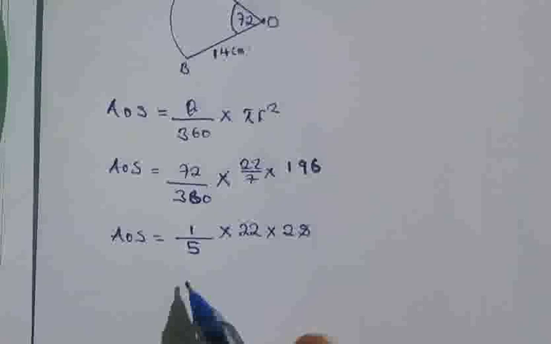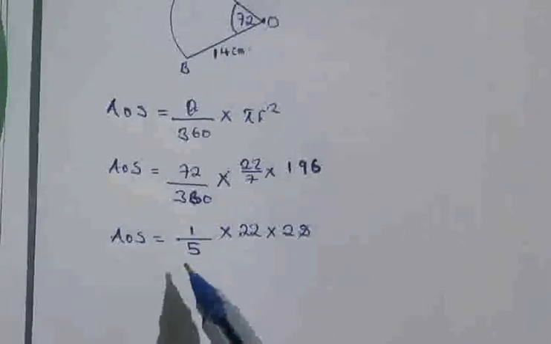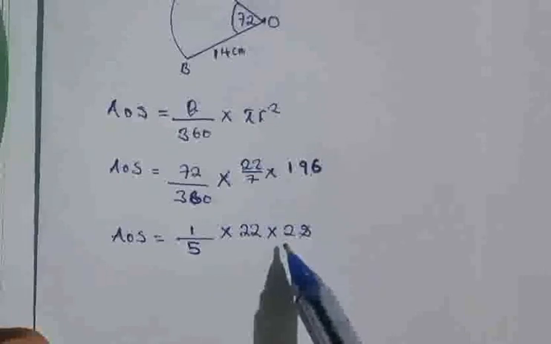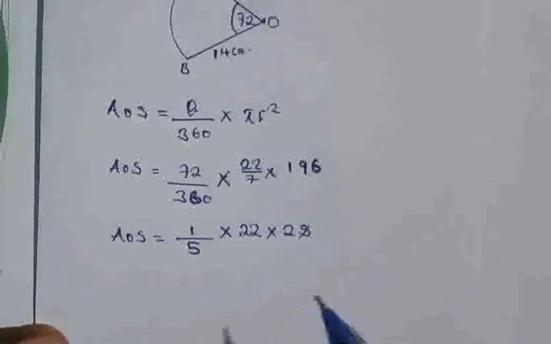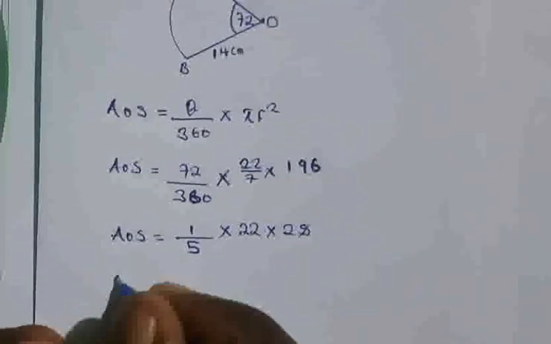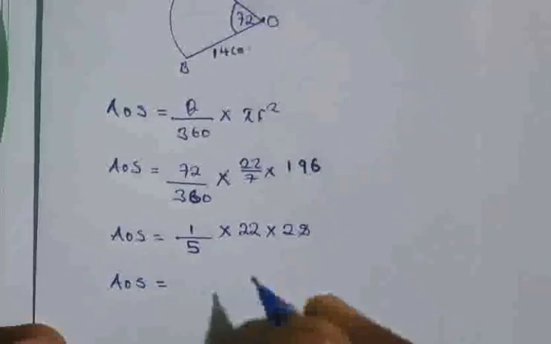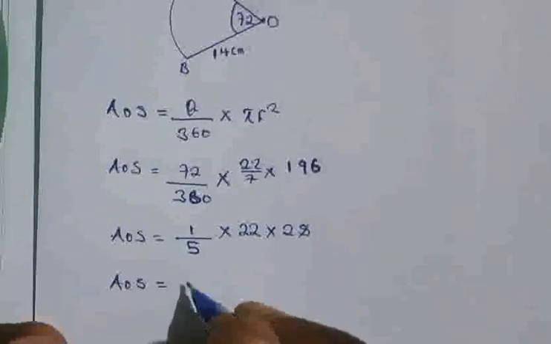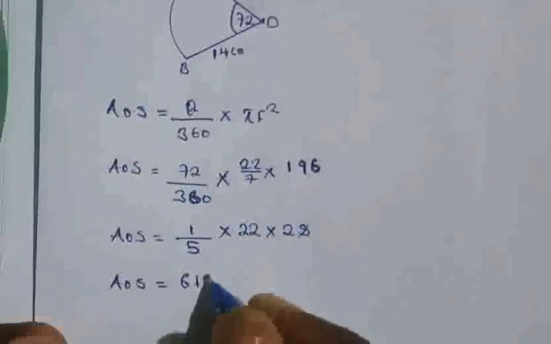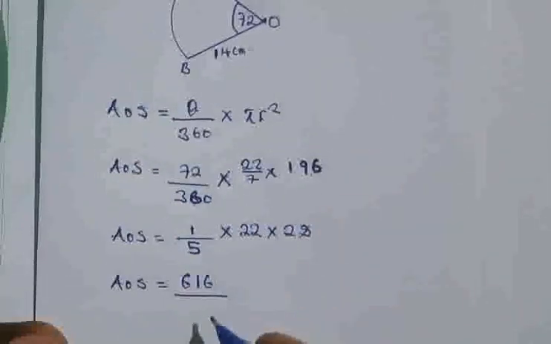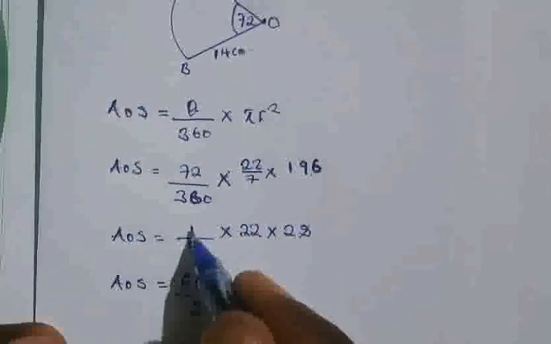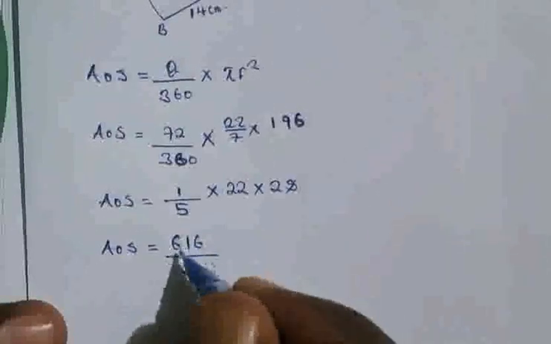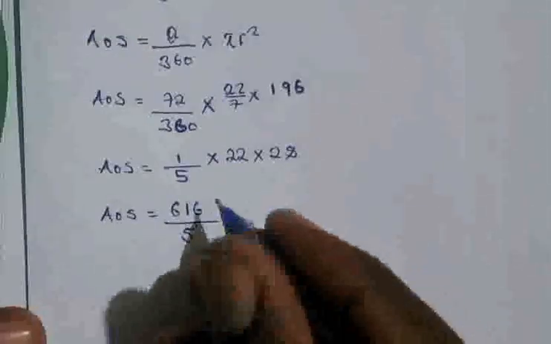From there, what is 22 times 28? The area of the sector is equal to 22 times 28, which is 616 over 5, because we're saying 1 times 22 times 28.